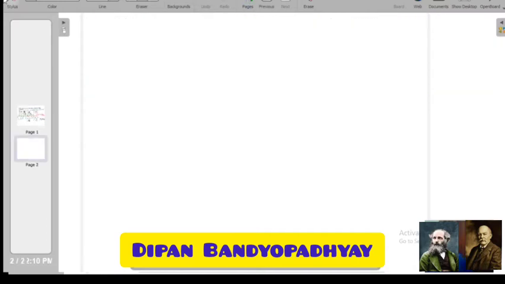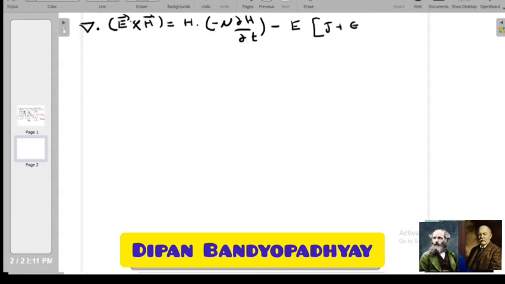We'll be getting the divergence of the cross product of these two fields E and H. It will be basically H dot product with minus mu del H del T, minus E dot J plus permittivity times del E del T. Don't forget to keep the vector notation.